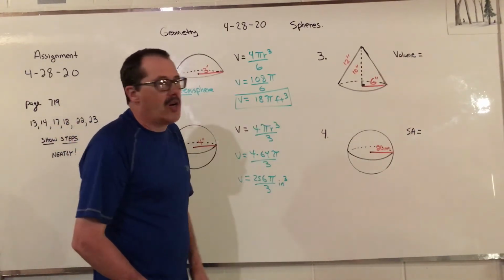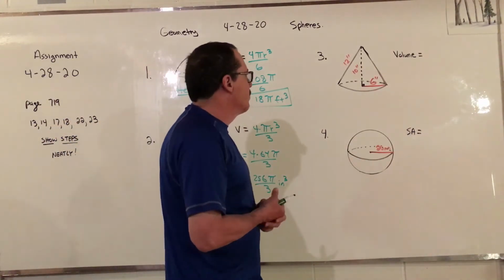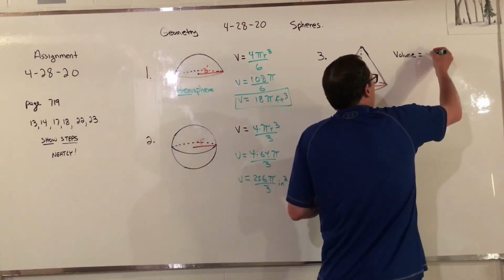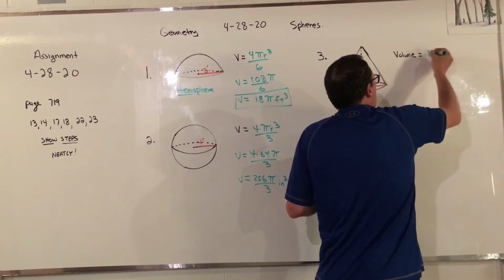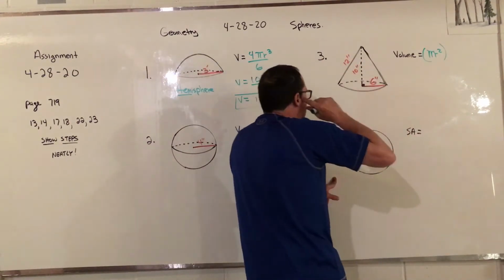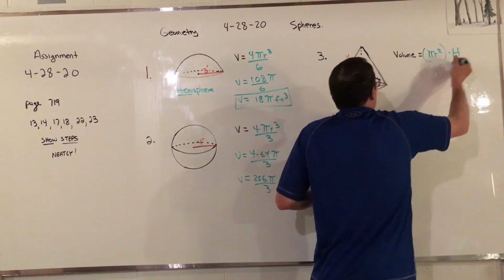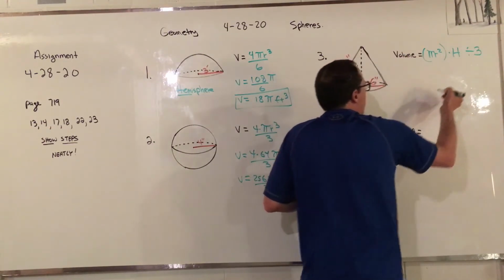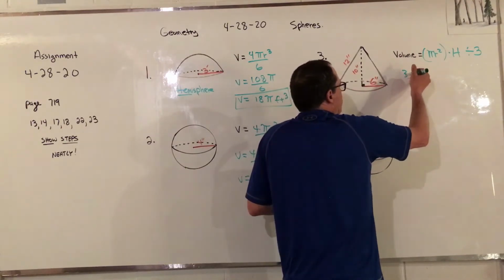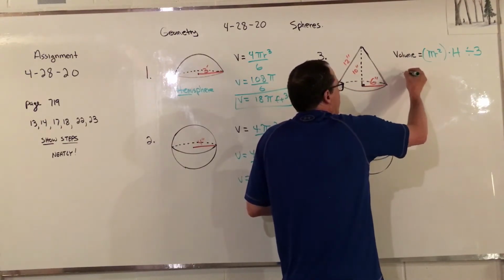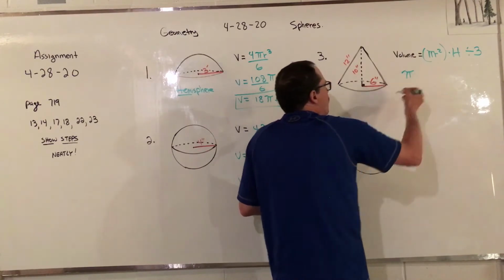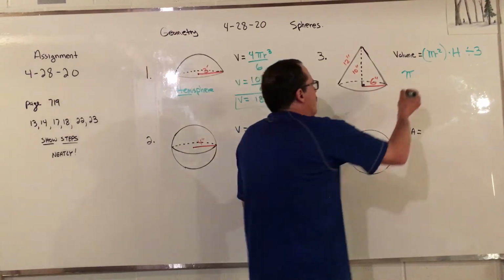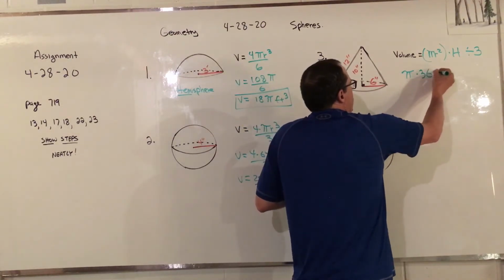Okay, the volume for a cone, this is kind of reviewing a little bit from our quiz. You have to know the formula: you always start with the area of the base, which is pi r squared, times the height. It's a cone, so you have to remember to divide by 3. Again, we're just going to leave pi in the answer. So it'd be pi times the radius, which is 6, squared, times 36, times height.